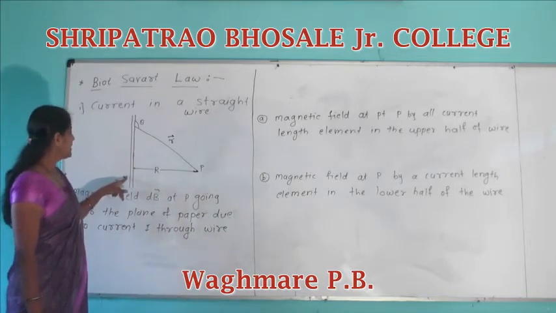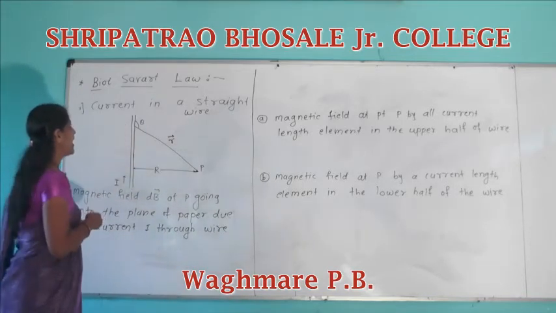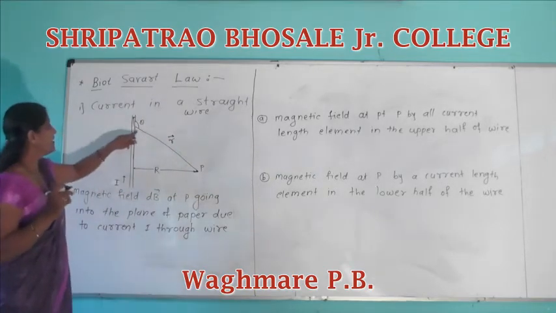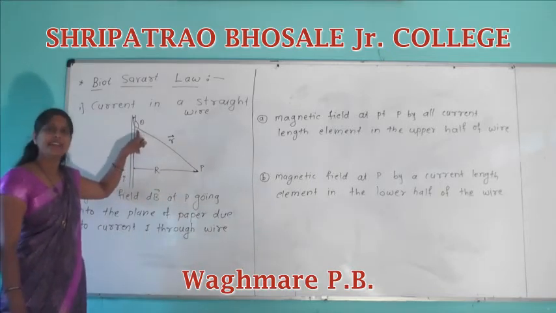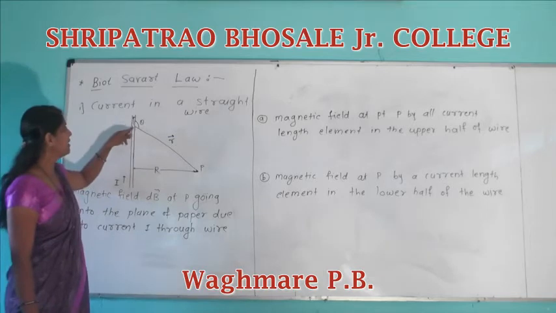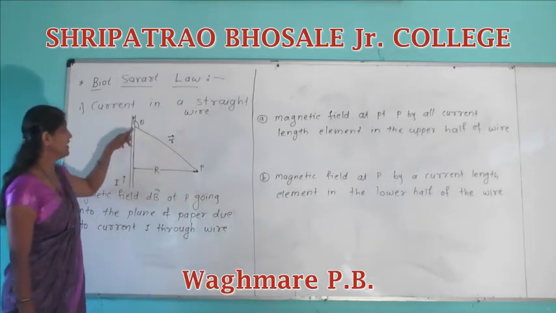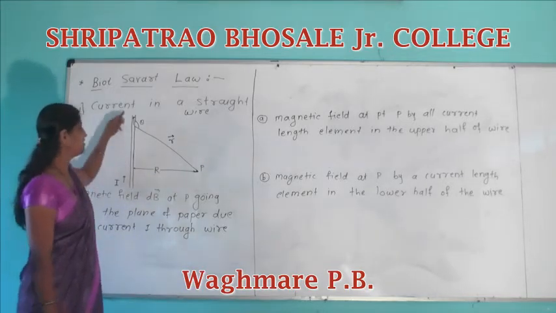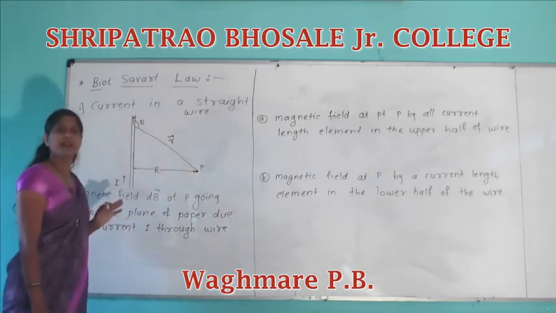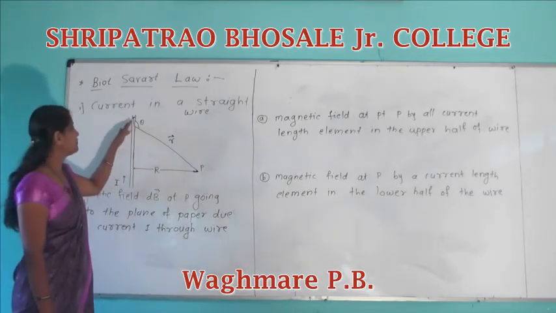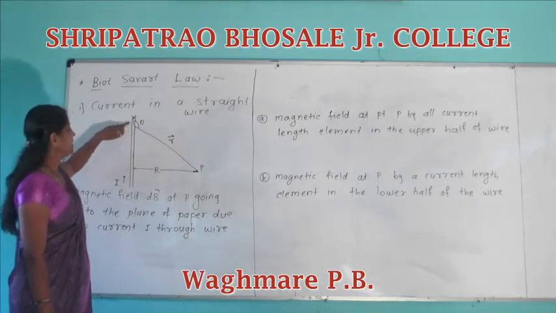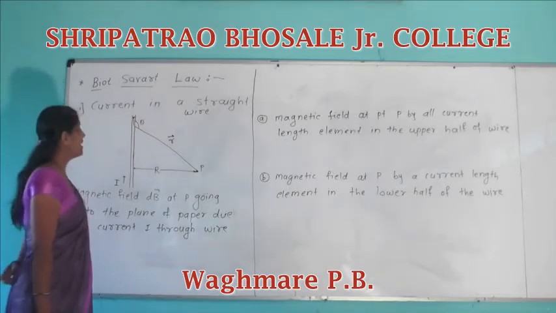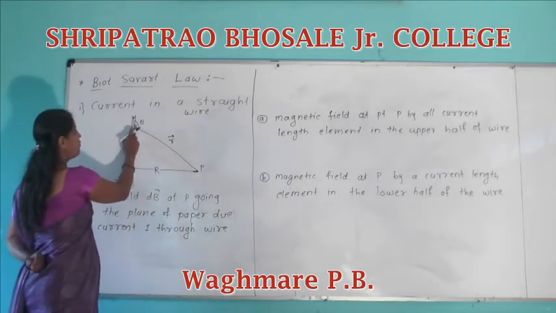Now I is the current, shown here in this direction. When we take a small length dl at this point on the wire, this is the direction of the length vector, which we take in the direction of the current.